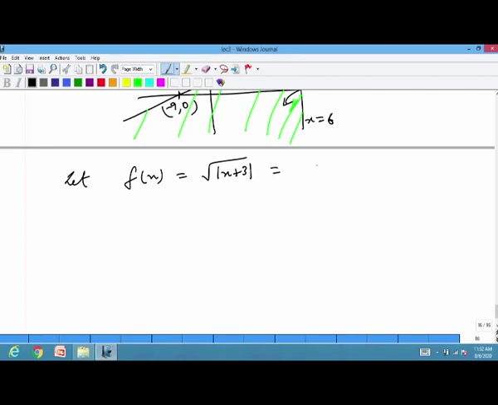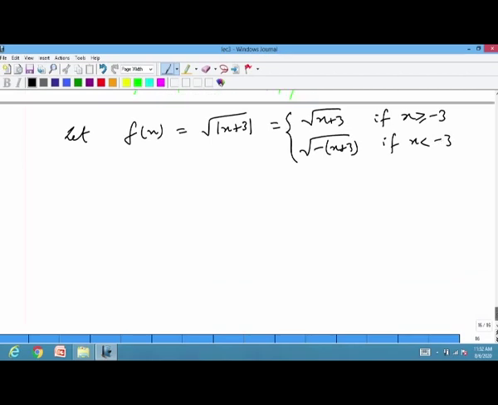This is equal to square root of (x plus 3) if x plus 3 is non-negative, that is x is greater than equal to minus 3, and it is square root of minus of (x plus 3) if x is less than minus 3. So, this is of course symmetric about x equal to minus 3.